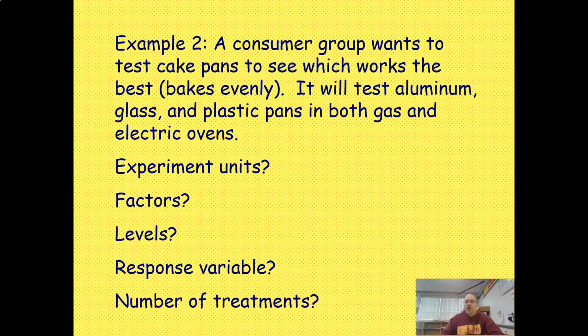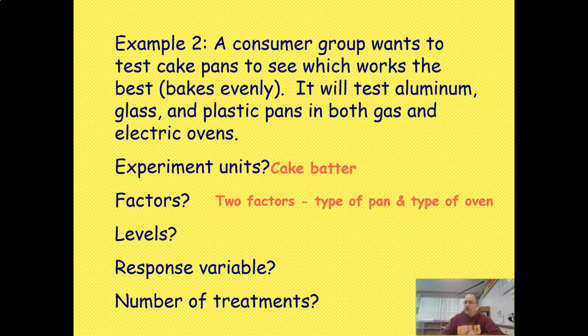Example 2. A consumer group wants to test cake pans to see which works the best, bakes evenly. It will test aluminum, glass, and plastic pans in both gas and electric ovens. Okay, what are the experimental units? The cake batter. Okay. What are the factors? What are the explanatory variables?